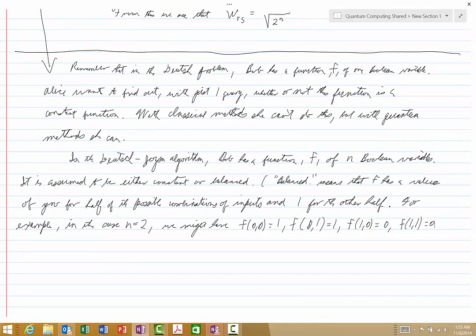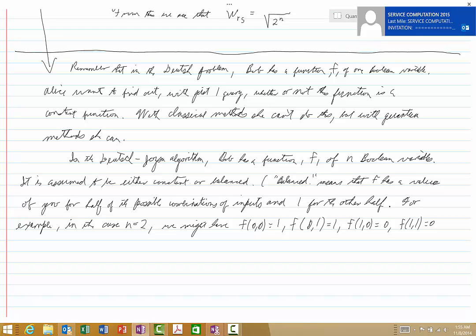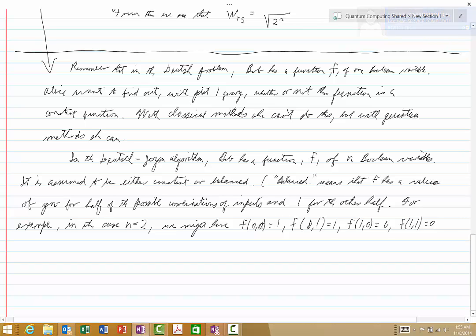That's one possible balanced function of two Boolean variables. But of course, another possibility would be f of 0, 0 equals 1, f of 0, 1 equals 0, f of 1, 0 equals 1, f of 1, 1 equals 0, or dot dot dot.